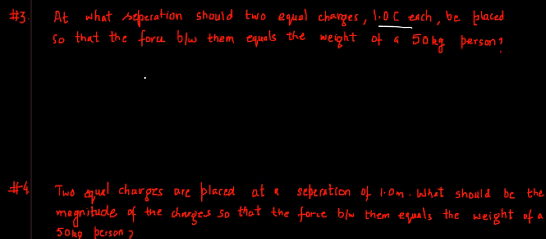So, at what separation should we place two charges so that the electrostatic force is equal to the weight of a 50 kilogram person? Okay, so in the previous example we calculated the weight for a 50 kilogram mass, that is mg, that is 50 times 10, that's equal to 500 newtons.